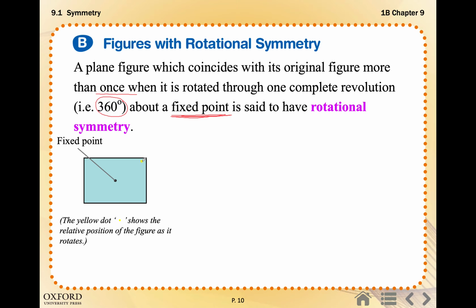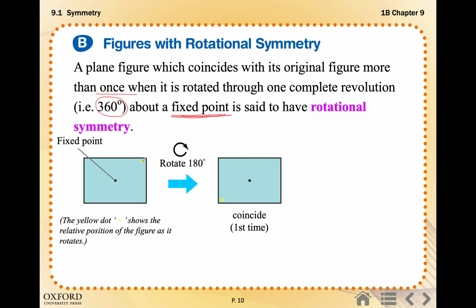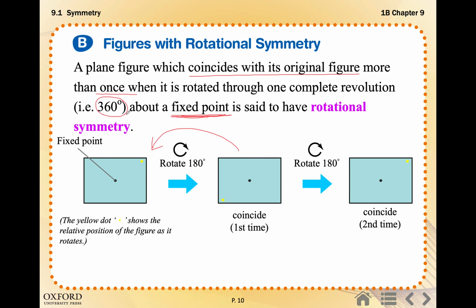Then you can see in the PowerPoint, when we rotate, after the rotation of 180 degrees, I find that this figure is exactly the same as this figure. That means it coincides with its original figure. That means this figure appears once after rotating 180 degrees. And then we further rotate the figure until 360 degrees, a further 180 degrees, that means going back to the original position.